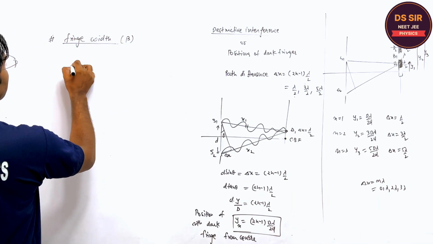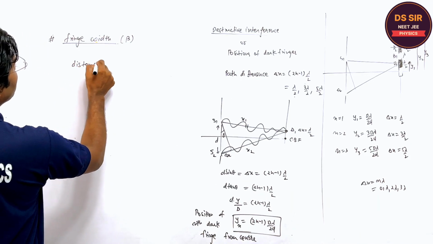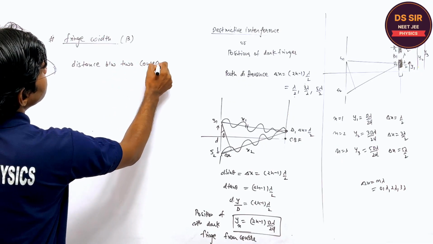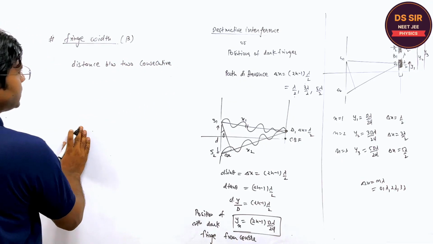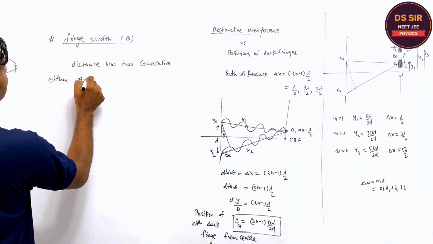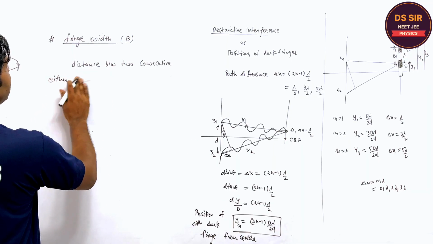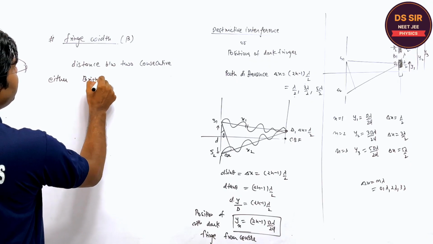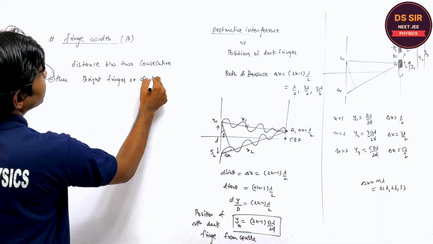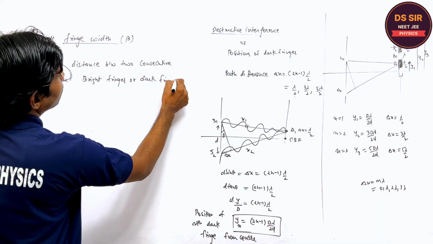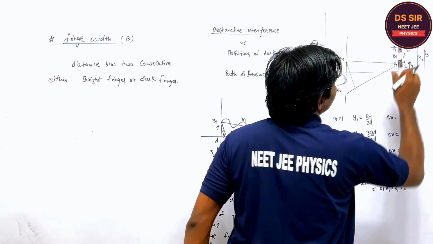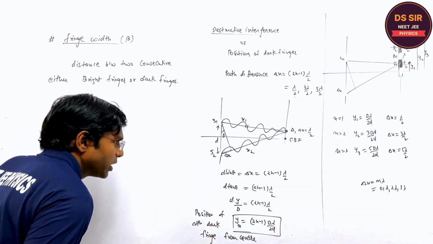Fringe width is the distance between two consecutive bright fringes or dark fringes. Is it clear or not? So this width is called the fringe width.